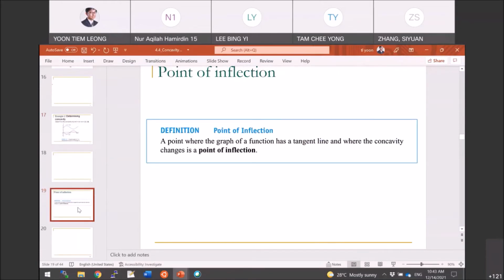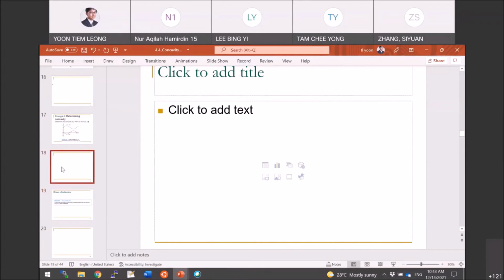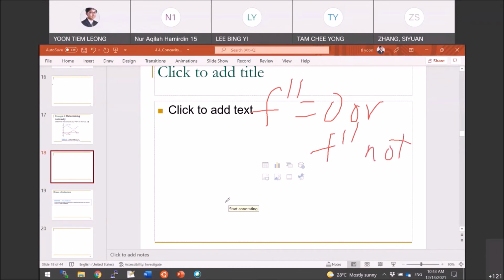Now, in the case of a critical point, for example, you could have a function where the sign changes at the critical point, right? So in the case of f prime prime equals 0 or f prime prime not defined, then you have this critical point.